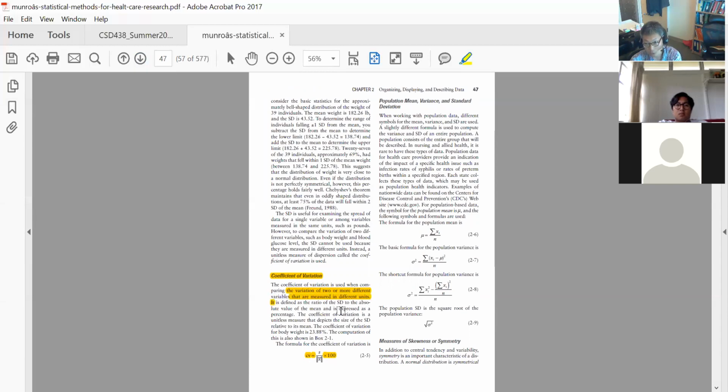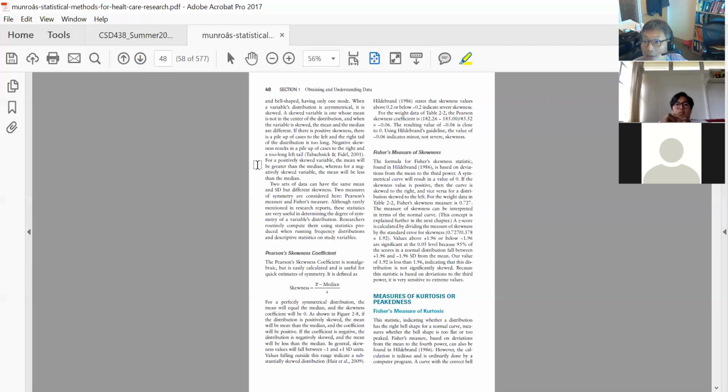This one is more about peakedness, and we're going to use Fisher's measure of kurtosis. And this is still constructing the frequency tables using certain software, but we're not going to use SPSS at all. It's just describing that. It's still constructing the frequency table. There's a chapter review with questions over here.